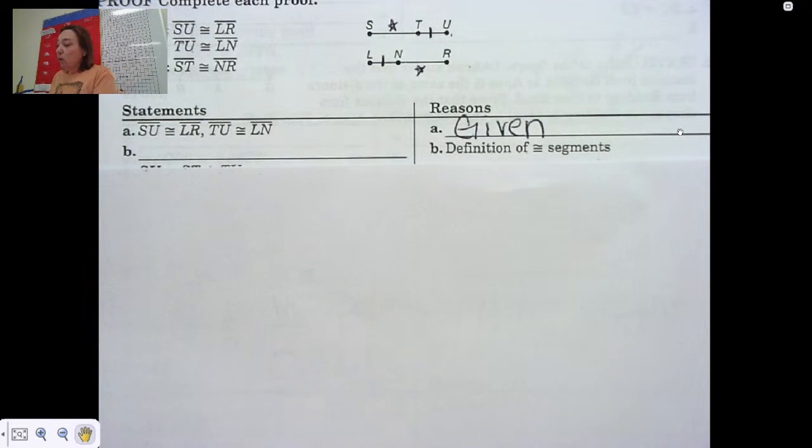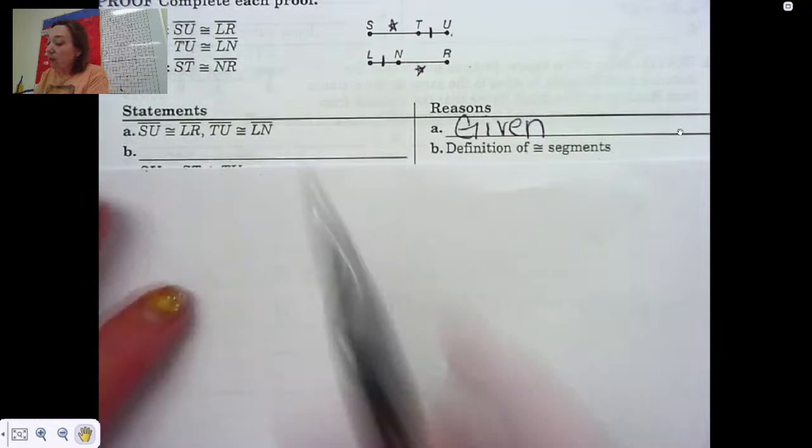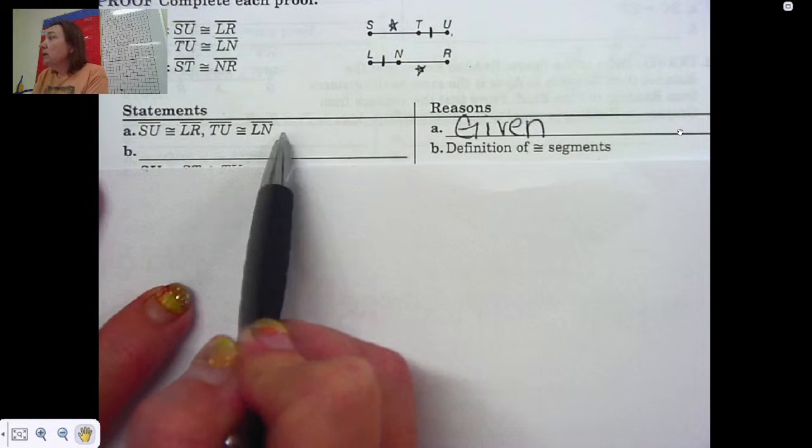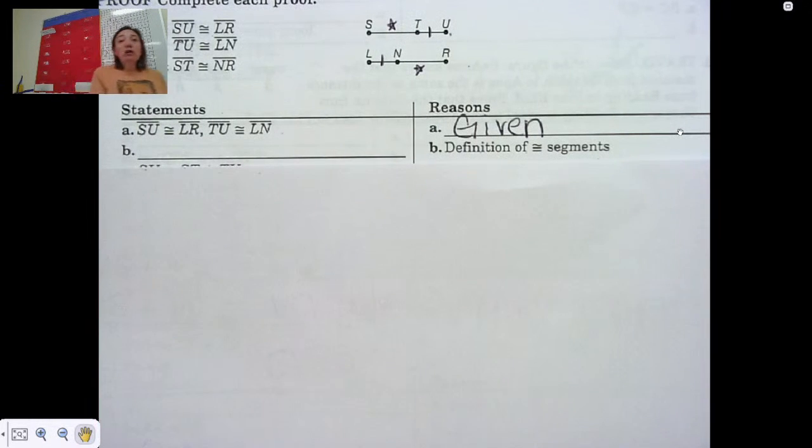Okay. So, I'm going to just tell you this one, all right? Because I could ask you forever and you'd never guess this. So, up here, we said that they were congruent to each other. So, if they're congruent, what do we know about their measurements? They're equal.